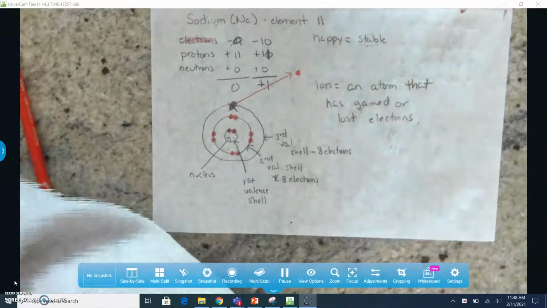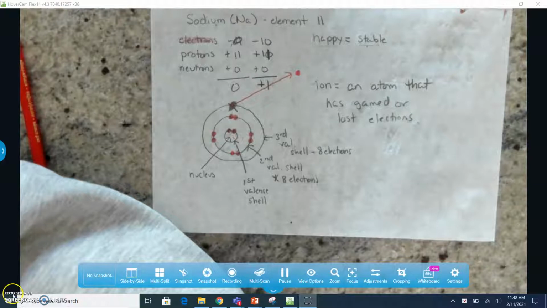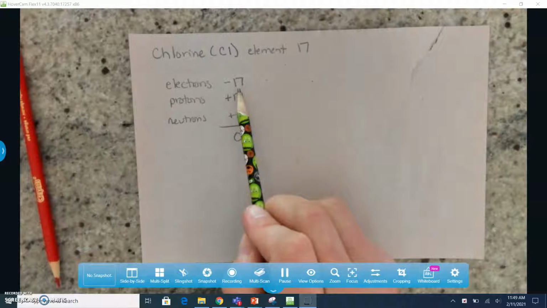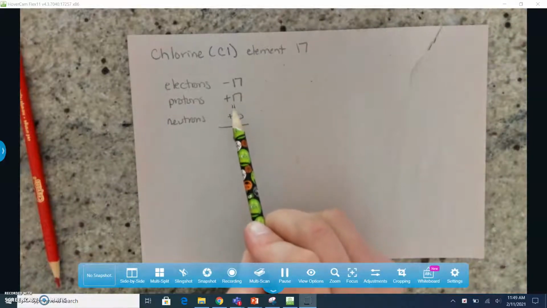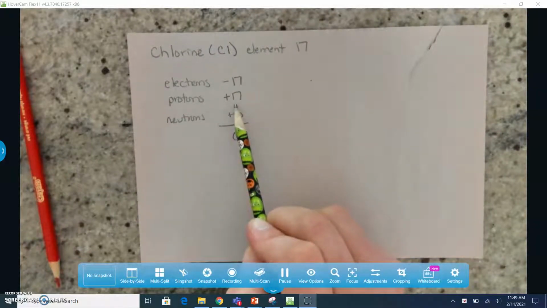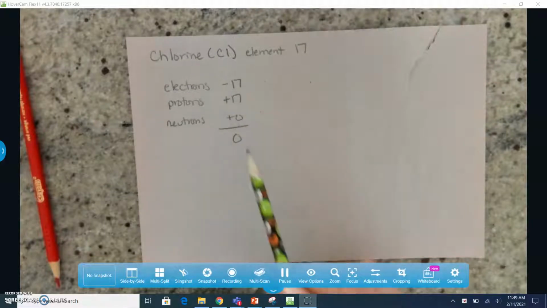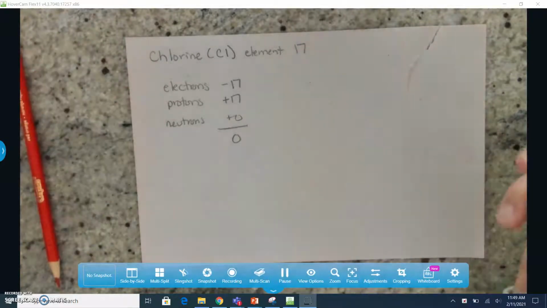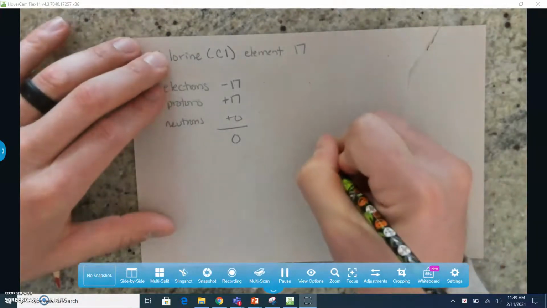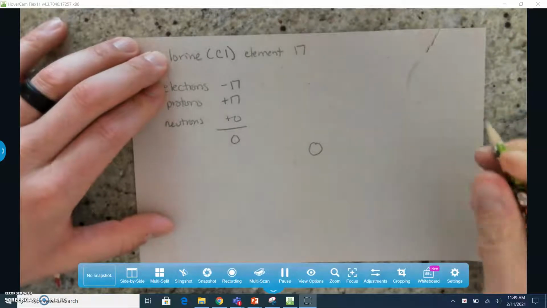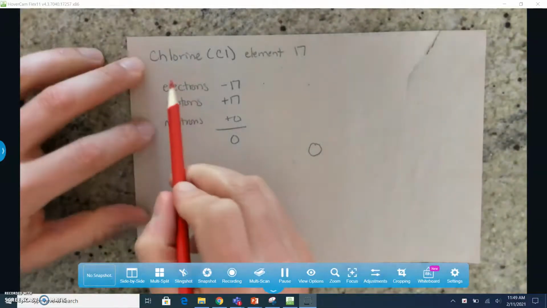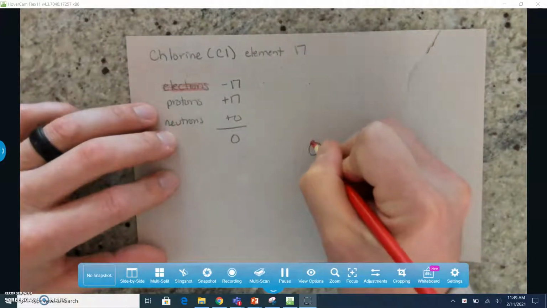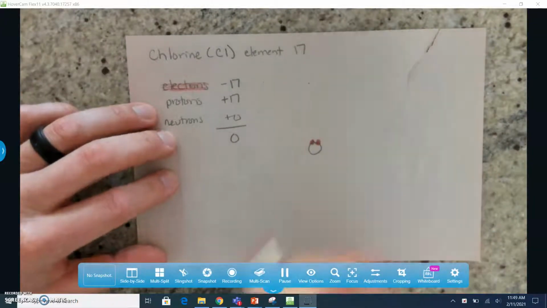Let's check out chlorine. So looking at chlorine, element number 17, 17 negatively charged electrons, plus 17 positive protons, we get, again, an atom with no charge. But let's see what this element looks like when we start drawing it out. First valence shell. We use red again for the electrons. 1, 2.